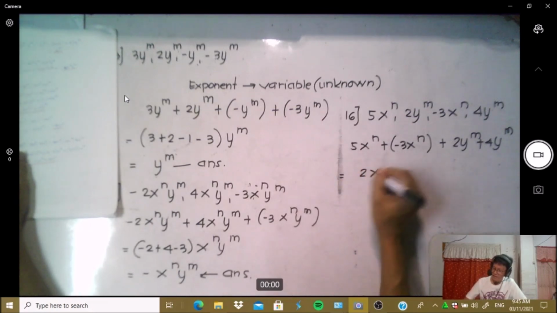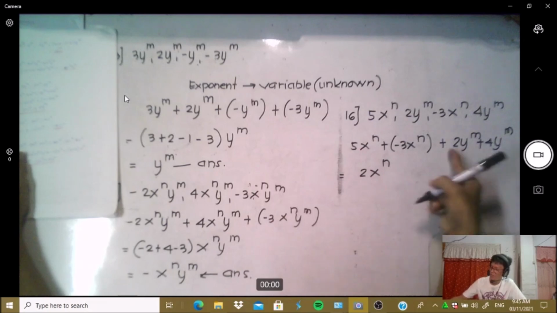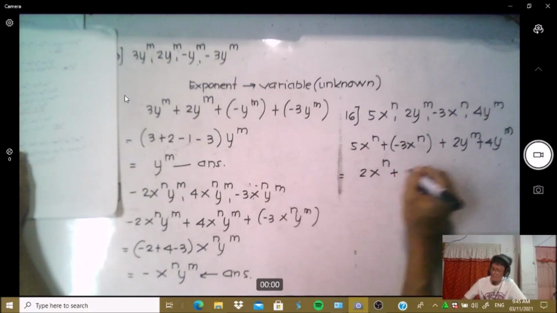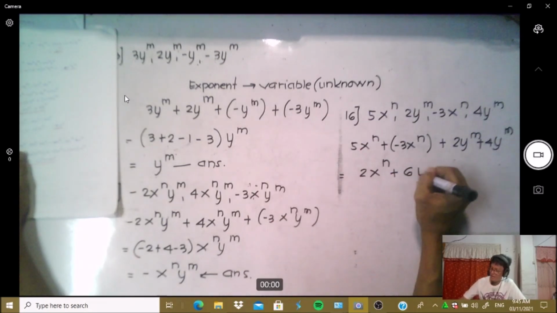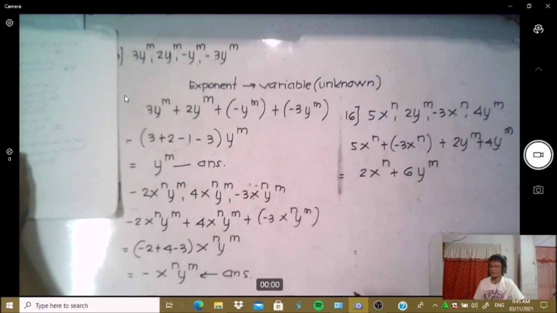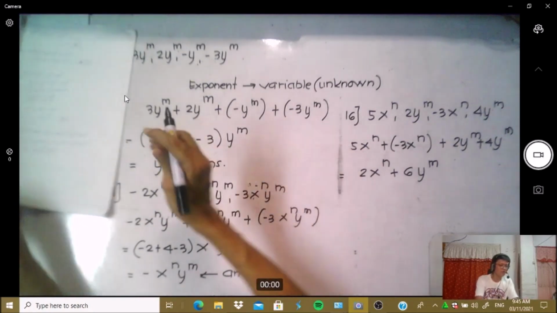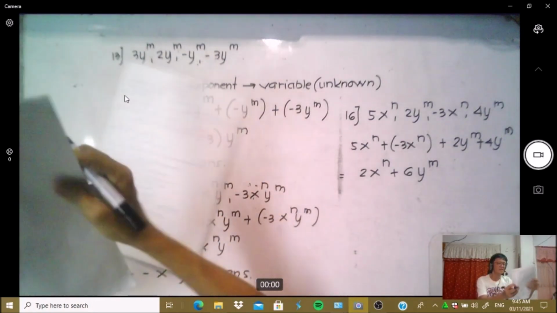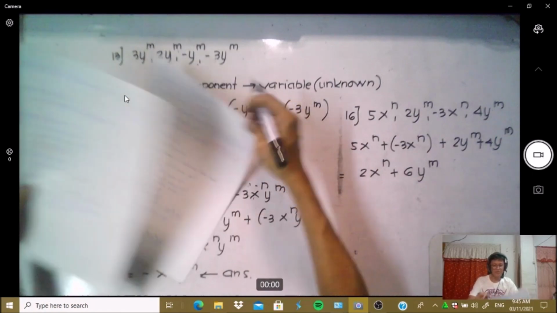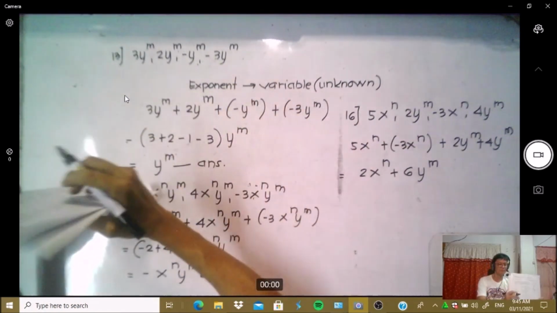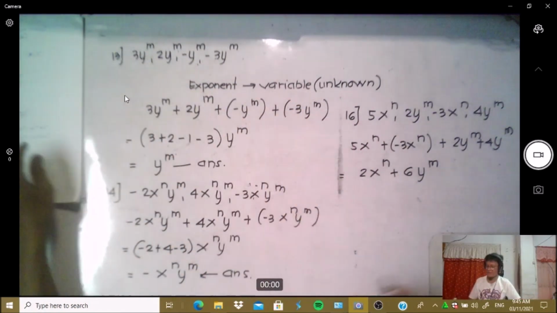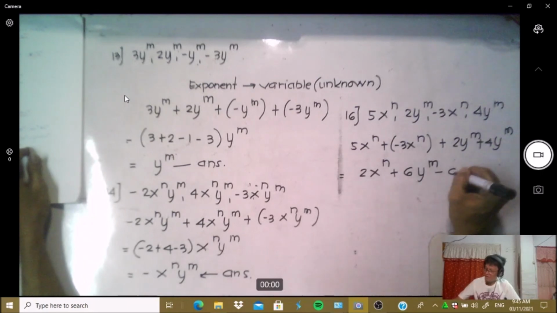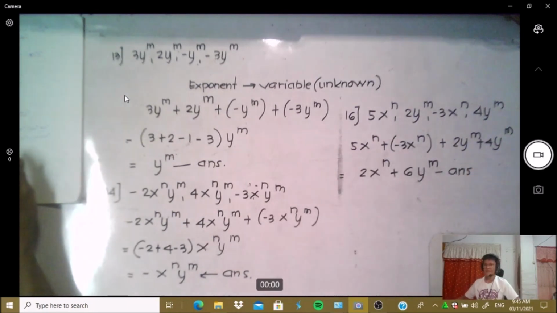Then copy x raised to n. Then 2 plus 4 is 6, so that is positive, plus 6y raised to m. So you will see that our answer is in alphabetical order, and that is the correct procedure. So we have this as our answer.